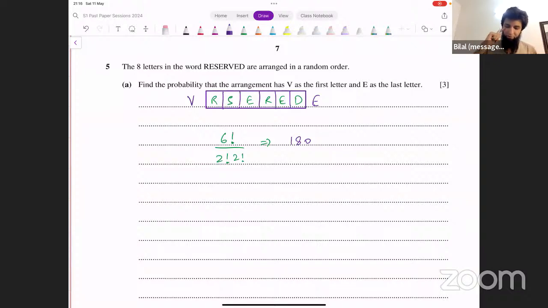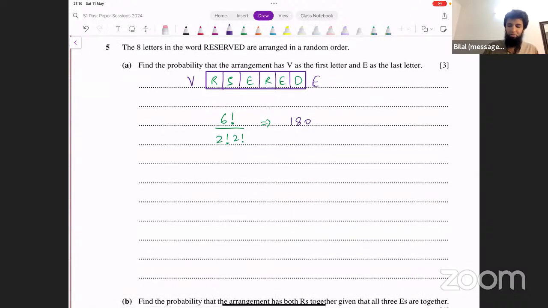Okay, sorry. We were looking for probability. Yeah, you're looking for probability, right? So this is when you have V as the first letter and E as the last letter. These are your favorable outcomes.